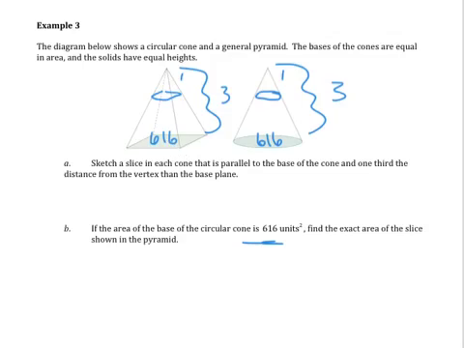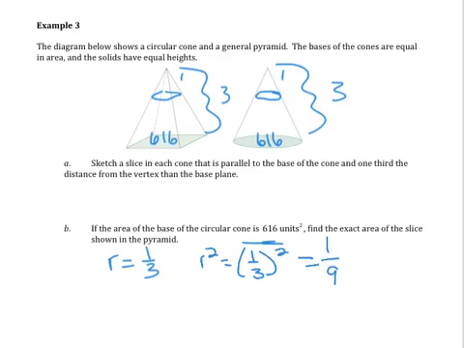That means my scale factor needs to be 1 over 3. And it's always related back to the vertex. So it's 1 unit away from the vertex and the base is 3 units away from the vertex. If I'm going to square that to get the area, it's going to be 1 over 3 squared, and that ends up being 1 over 9.